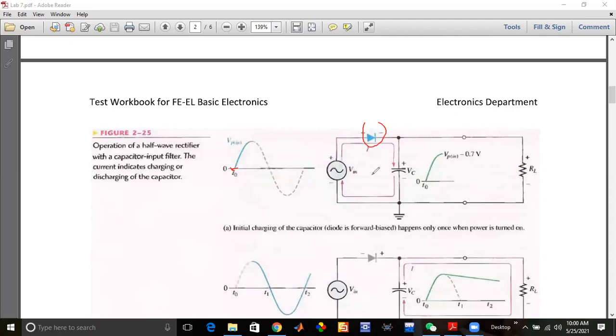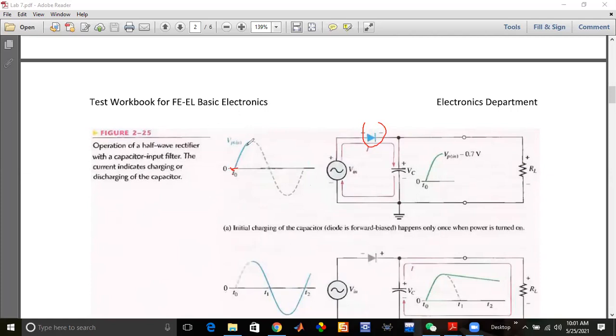You have studied in your circuit course that when the capacitor is initially uncharged, it behaves like a short circuit, and when the capacitor becomes fully charged, it behaves like an open circuit and like a battery.